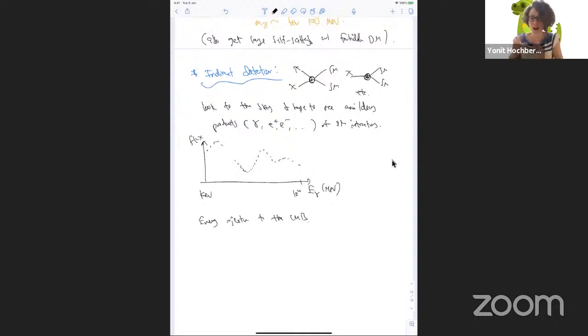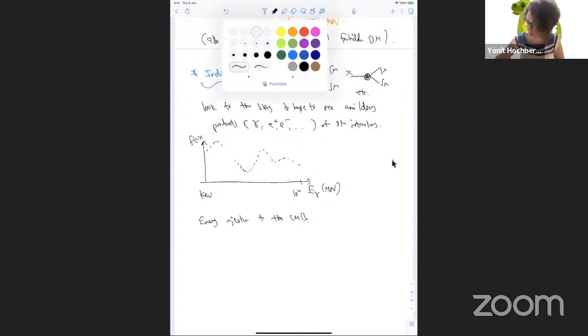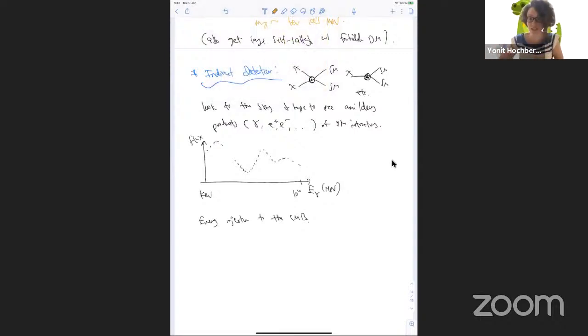And actually, for all of these bounds, there's a really nice review, specifically on indirect detection. There's a set of TASI notes by Tracy Slatyer, and you can find it on the arXiv, 1710.05137. What the exact bounds are on a decay rate or an annihilation cross section depends very strongly on both the mass of the particle and the final state.